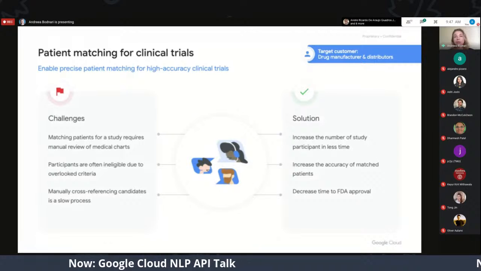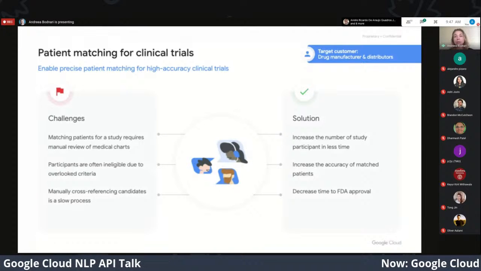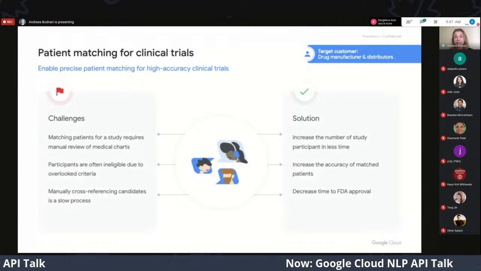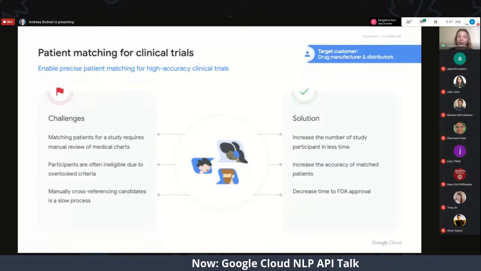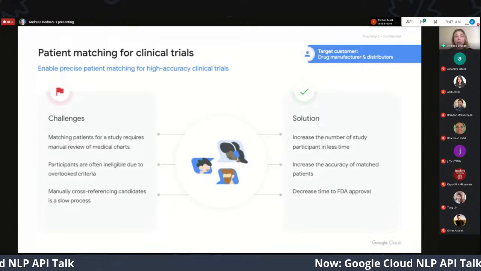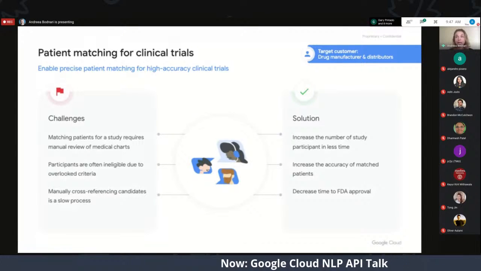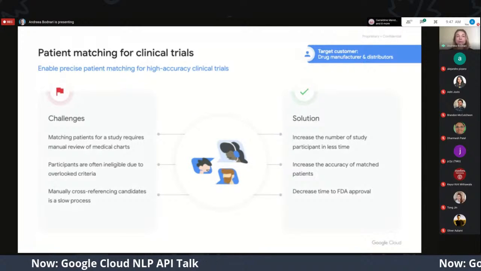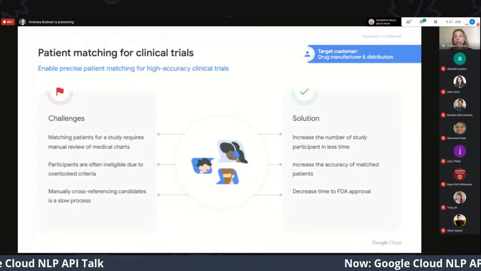So with the Healthcare Natural Language API, we are able to increase the number of study participants in less time. We can increase the accuracy of the patients that were matched for a specific clinical trial. And at the end of the day, we help impact the bottom line because we decrease the time to FDA approval. So we can help more drugs get to the market in less time.